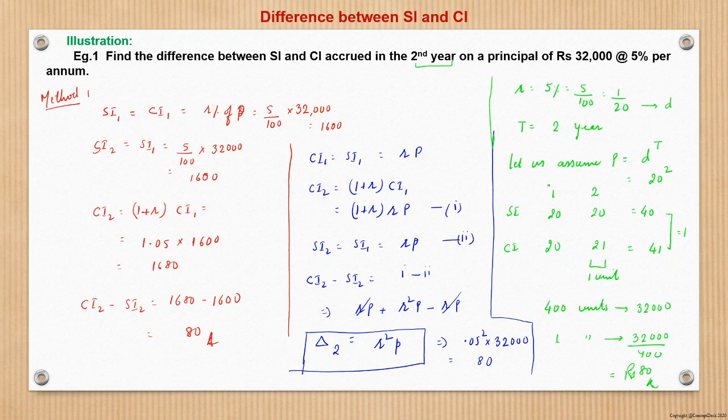The trick is that we should assume the principal as the denominator of the rate percentage raised to the power of the time, and then we can calculate the respective simple interest and compound interest that way.